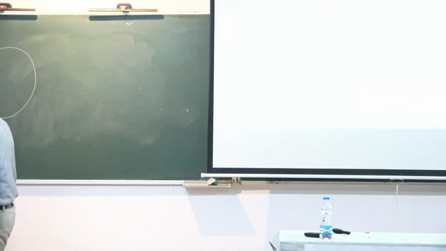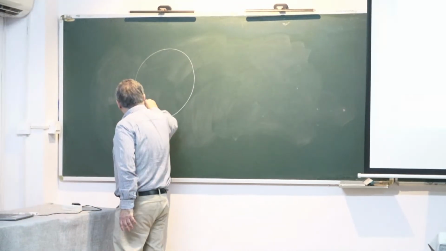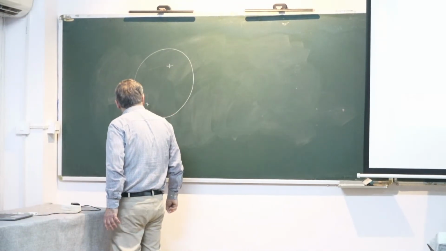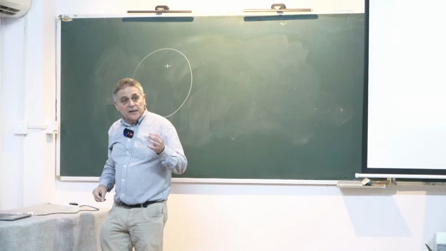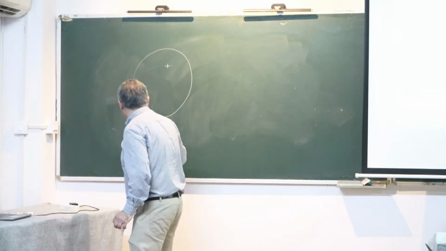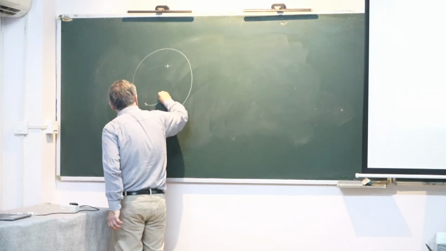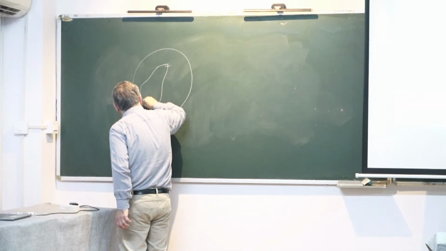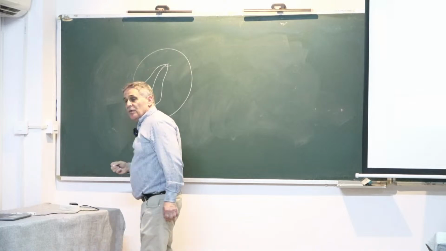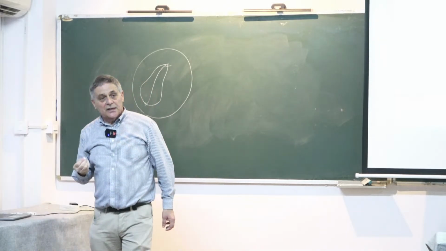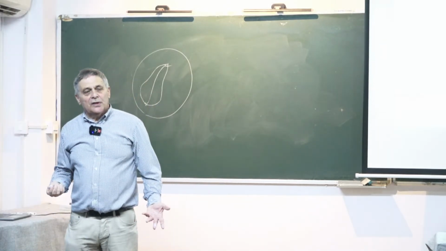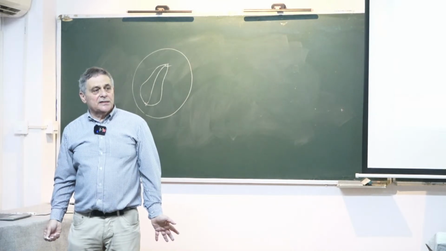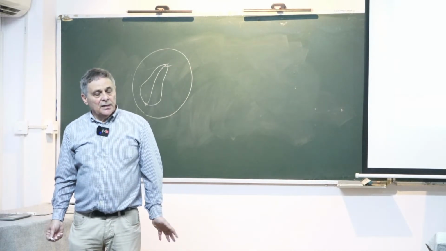And then I tell you the distance between 2 points is the infimum of the length of the curve joining them. So I take a curve here, I measure its length. I take a curve here, I measure its length. And then I take the smallest of these lengths. But I didn't tell you how I measure these lengths, right?